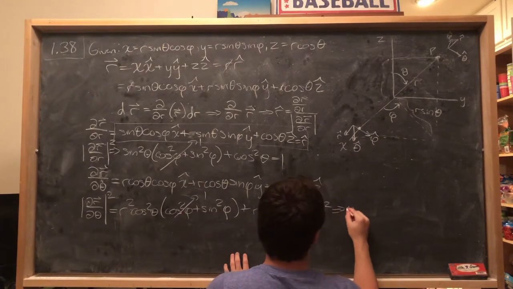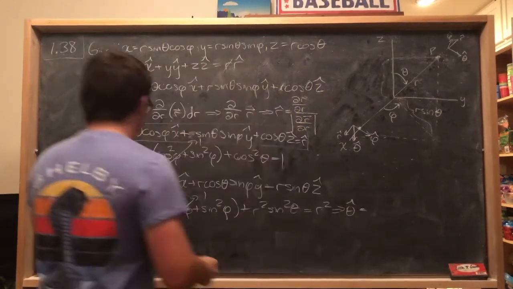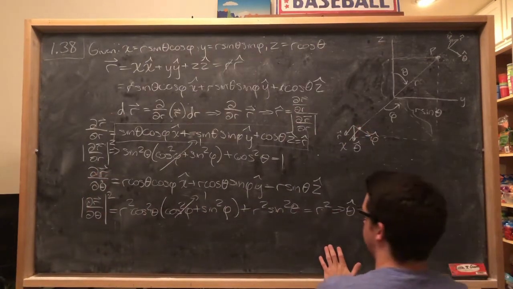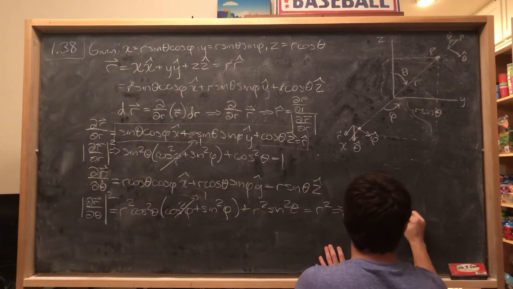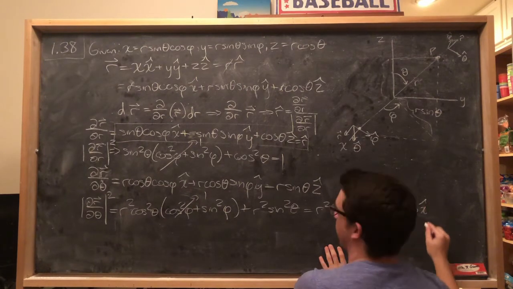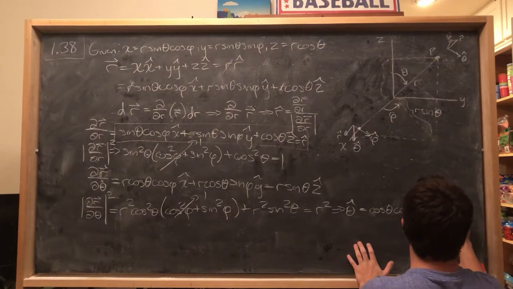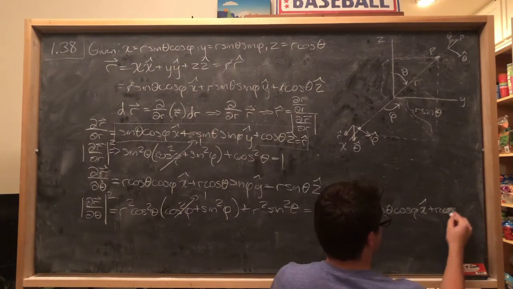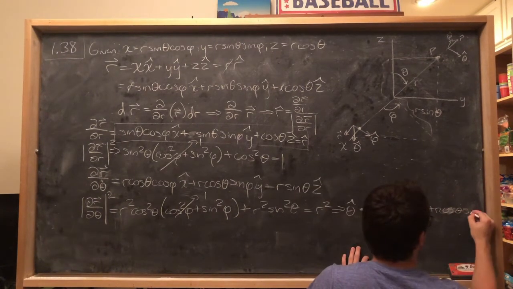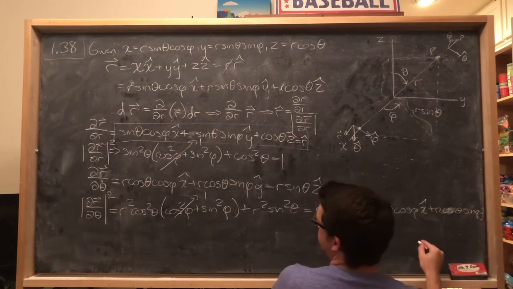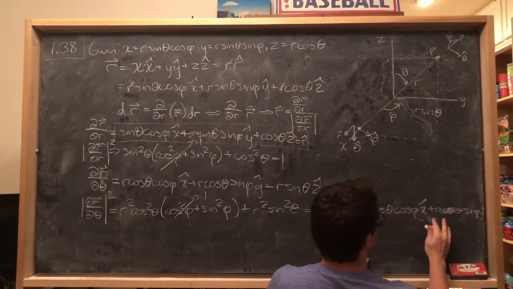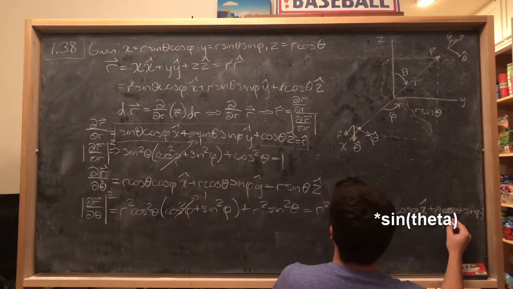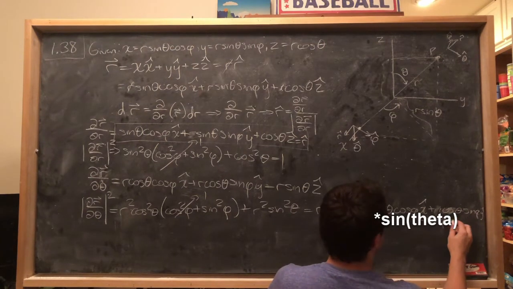So then if we want to get theta hat, we'll just divide this vector by r, since that's the magnitude, and so that gives us cosine theta cosine phi x hat plus cosine theta sine phi y hat minus, whoops, there shouldn't be an r there, minus sine phi z hat.